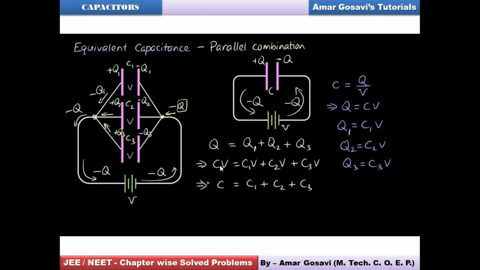So instead of Q, it is CV. Q1, it is C1V. Q2, it is C2V. Q3, it is C3V. So throughout you can see V gets cancelled out. So ultimately for parallel combination, you get the equation as C equal to C1 plus C2 plus C3. Okay, so had it been n number of capacitors in parallel, you just generalize it for n numbers.